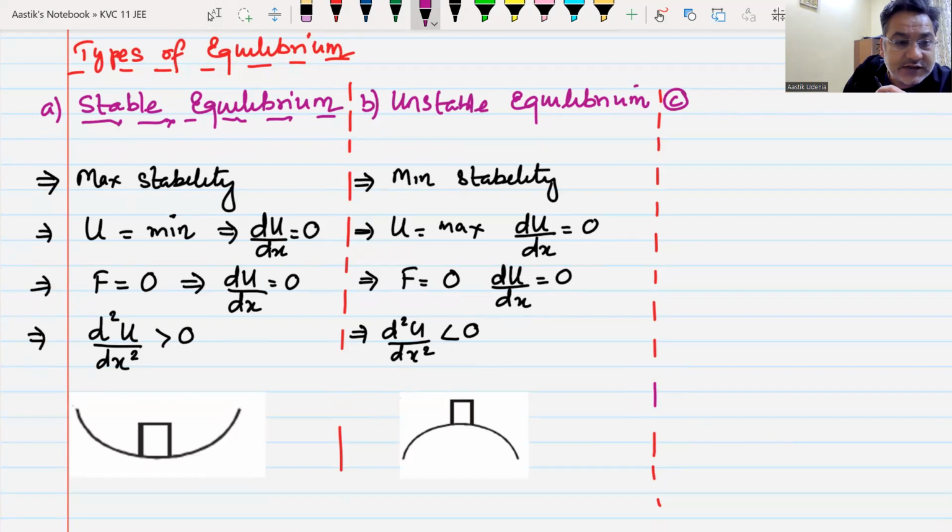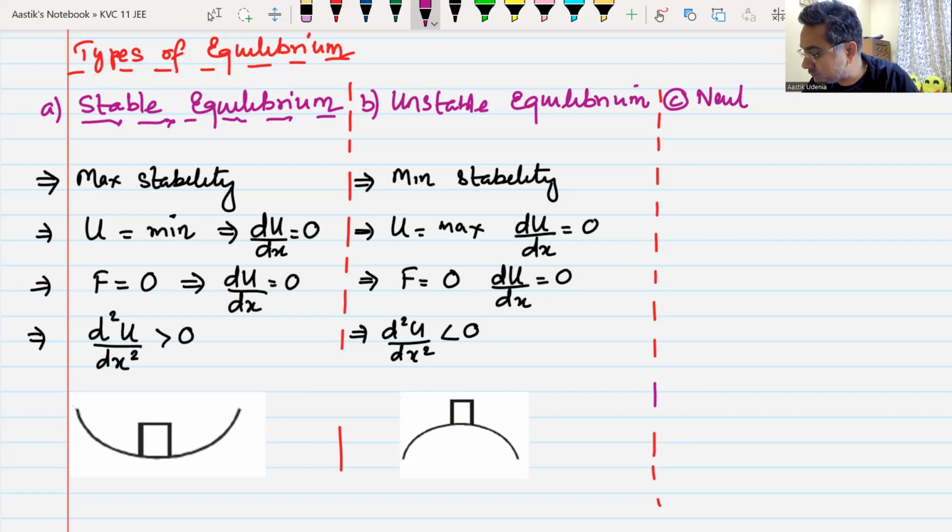What is that third type? The third type of equilibrium is known as neutral equilibrium.